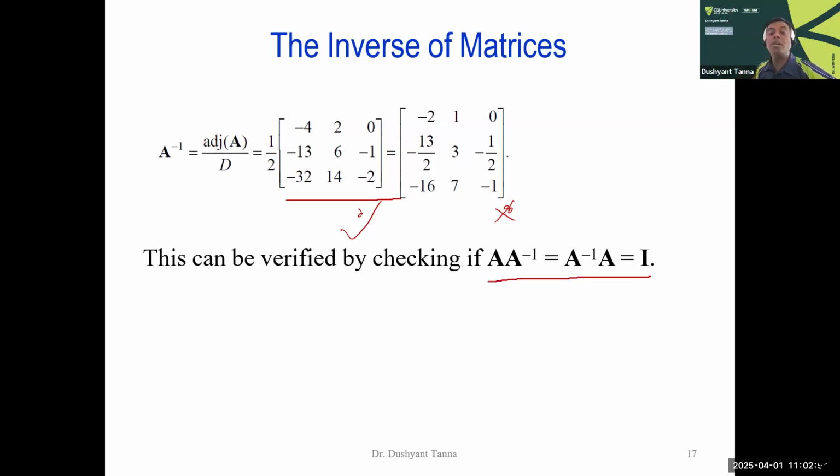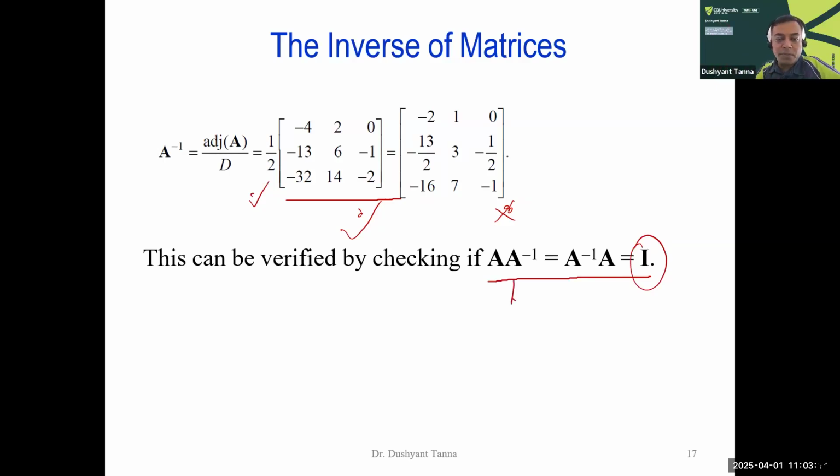When you are verifying A times A inverse, or anyway with a fraction, just keep it outside, right? And deal with it later, because when you're talking about I with the half form, half times the matrix will be 2, 2, 2 on the principal diagonal, rest everything 0. Then you multiply it with half. That's a nice decent identity matrix.